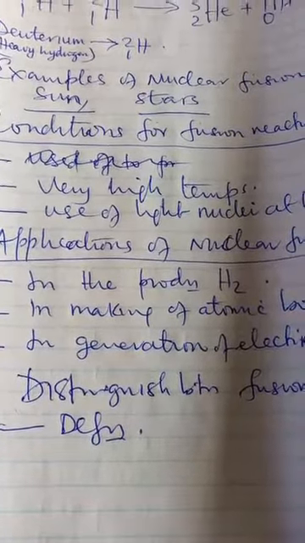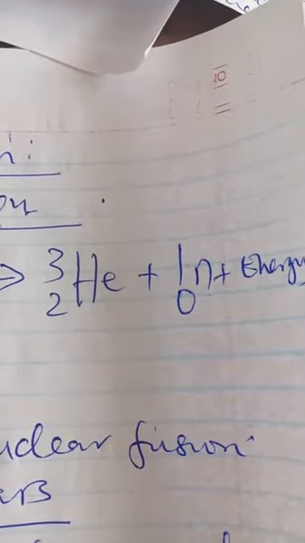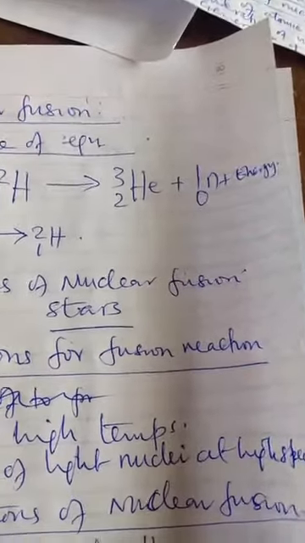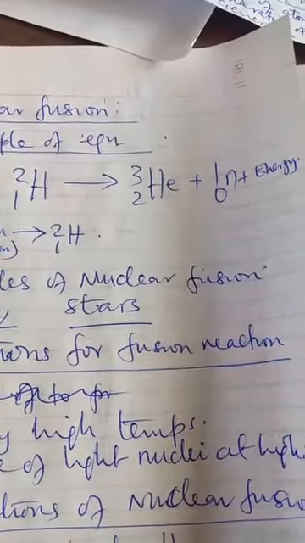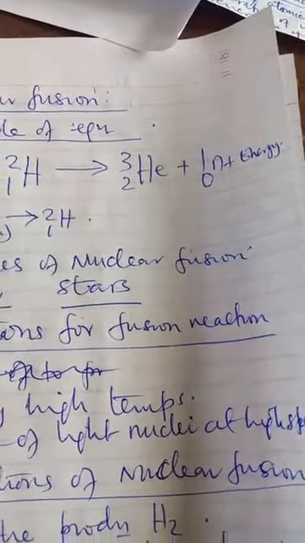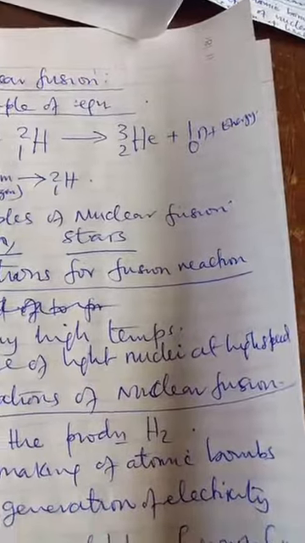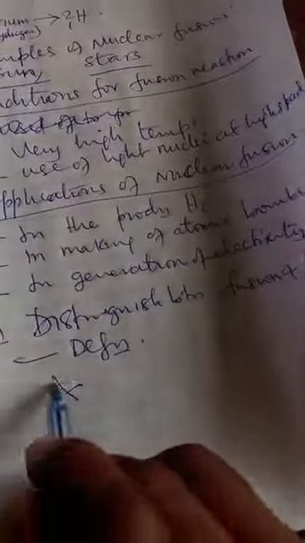As per the equation, the fusion results into helium and a neutron, and the fission gives us barium, krypton, and two neutrons. Once you understand those, then I think you'll be good to go.